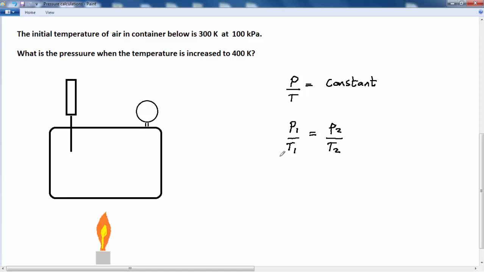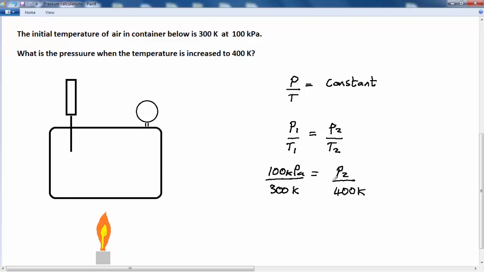So all we need to do next is just plug in the values as we did before. The initial pressure is 100 kilopascals divided by the initial temperature, which is 300 Kelvin, is equal to final pressure, P2, which is what we've got to find, divided by the final temperature, which is 400 Kelvin.